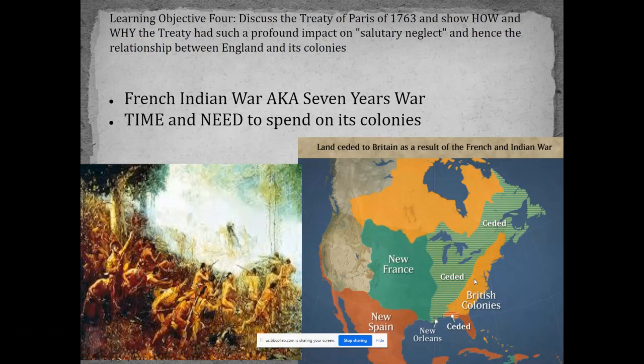And so to evoke that parent-teenage conflict again, right? A parent is not going to have an easy time of it if they begin to get strict when the child is 13, 14 years old. And this is essentially what Great Britain is going to do. They are all of a sudden going to become strict when for nearly 150 years prior, they were not seen whatsoever in many cases.